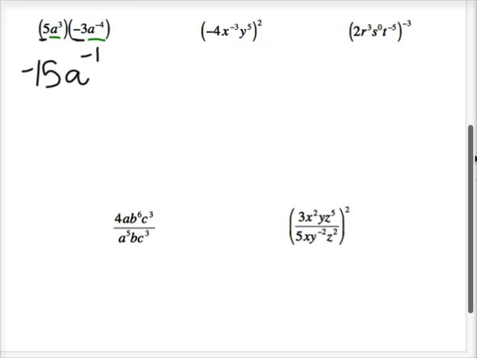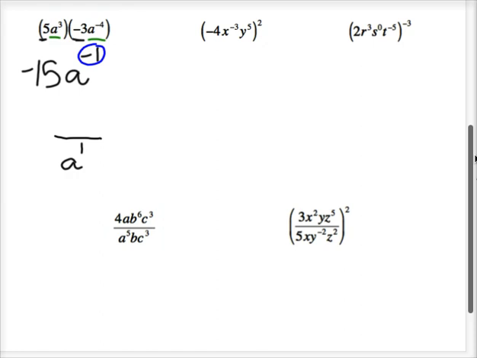However, we're not quite finished yet because if you end up with a negative exponent, remember that's not the end of our story. So this negative exponent here, what that means is we're going to have to move that a to the denominator where it can have a positive exponent. So that -1 will shift to a positive 1.